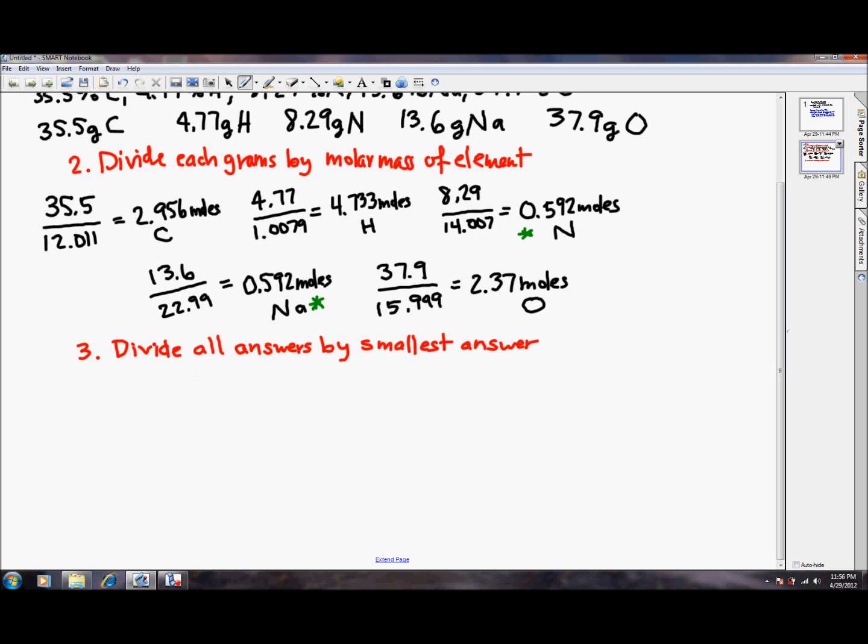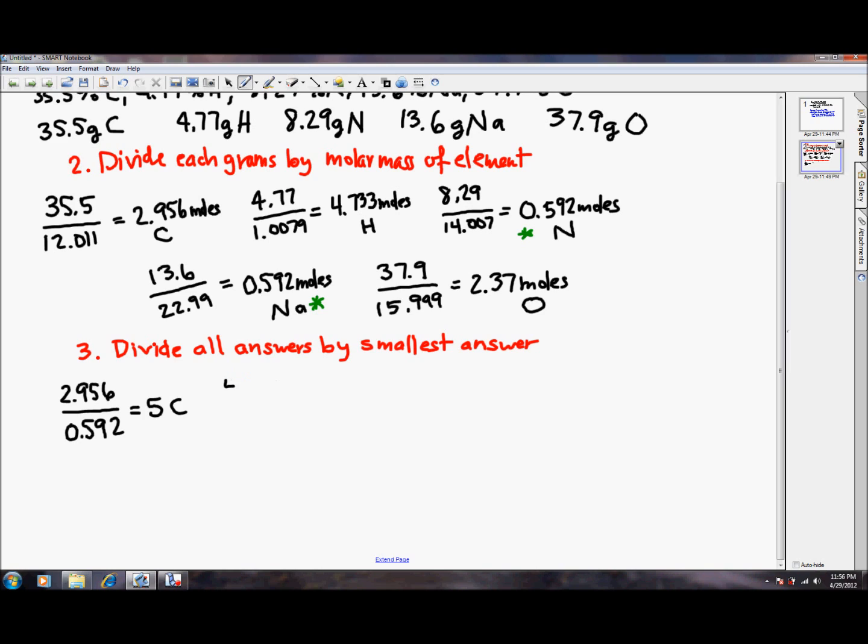So I'm going to divide 2.956 by 0.592. And I'm going to see if I can round this to a whole number. Okay, my calculator says 4.99. That's pretty much 5 carbons.